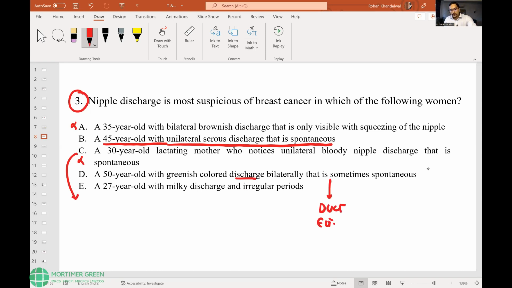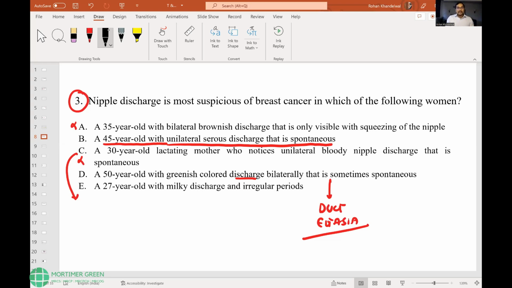This is a sign of duct ectasia. And milkish discharge would be seen in multiple conditions where raised prolactin can be there. So that is also not so concerning. Now, 45-year-old with unilateral serous discharge, this is bothersome. Okay.